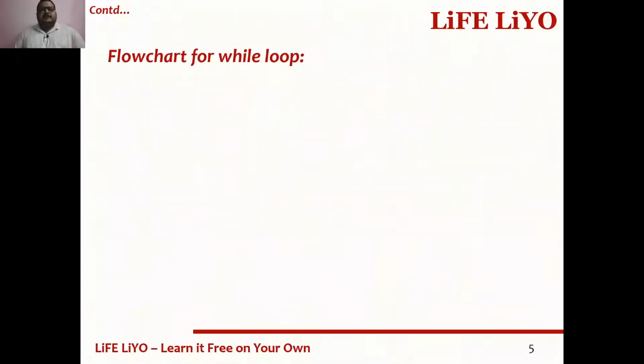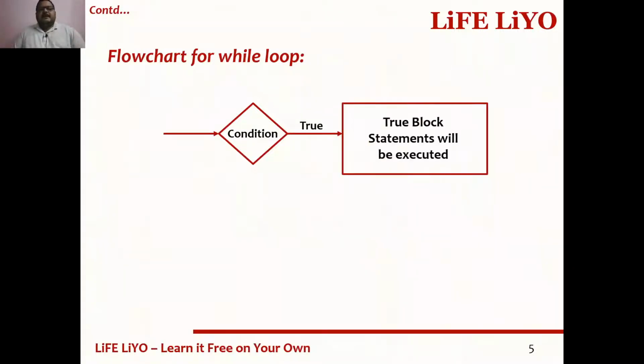Let's see the flowchart for this while loop. As in the definition, first the condition will be tested. If the condition is true, then the true block statements will be executed. After the true block statements have been executed, again it checks whether the condition is true or false.